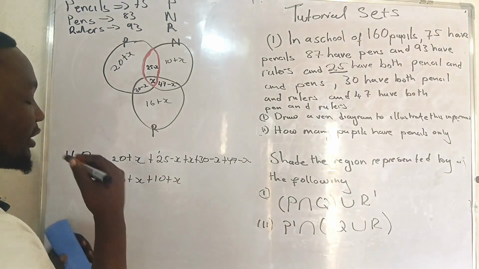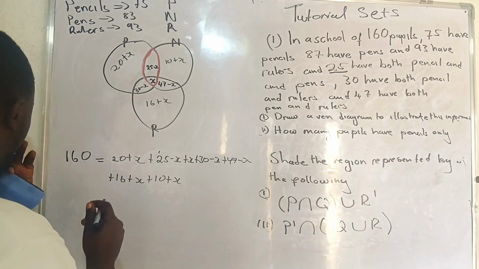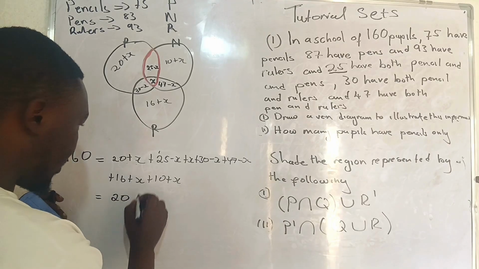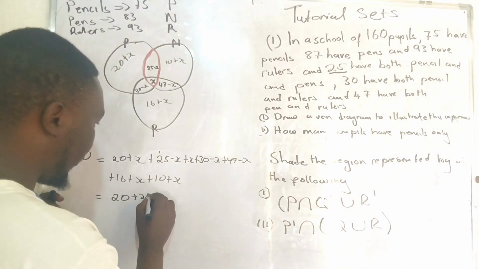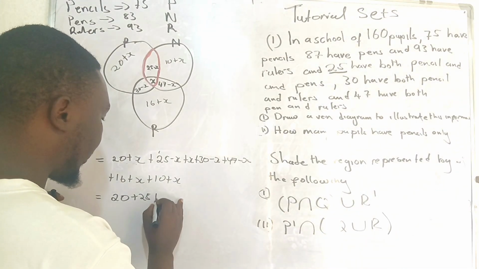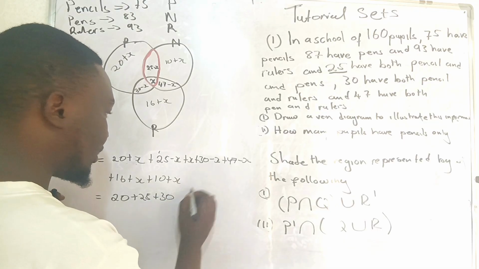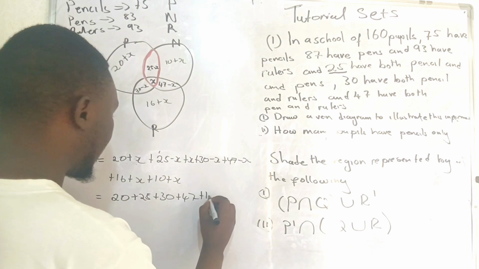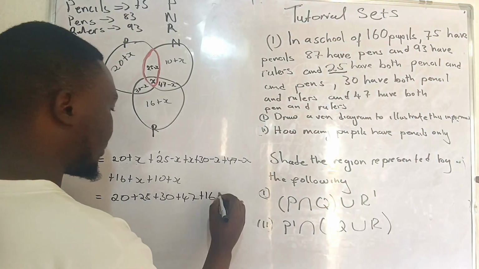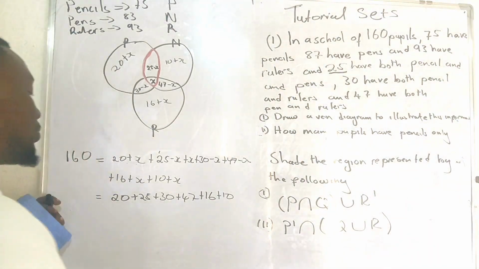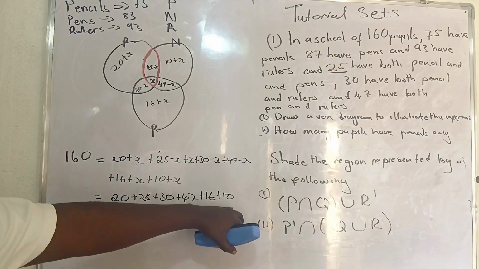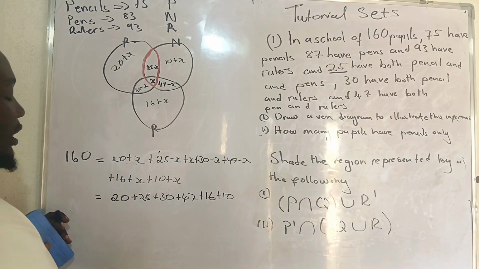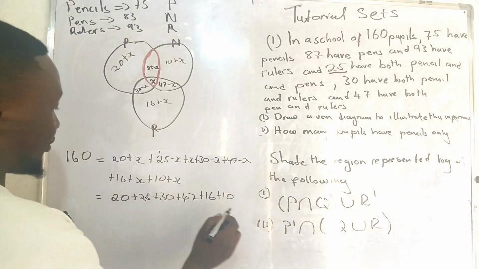So let's group the like terms together. So we're going to have 20 plus 25 plus 30 plus 47 plus 16 plus 10. So we have managed to group all the non-variables together.